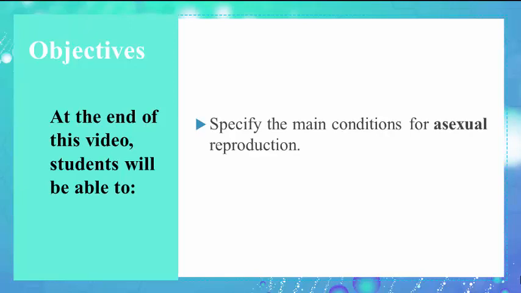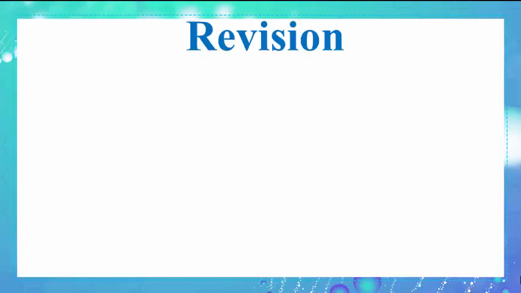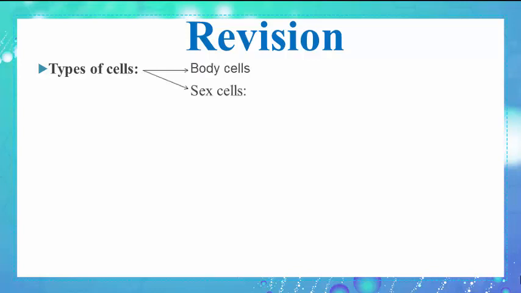At the end of this video, you will be able to specify the main conditions for asexual reproduction. In the previous video we took the types of cells, body cells and sex cells. The types of sex cells are sperm and ovule.